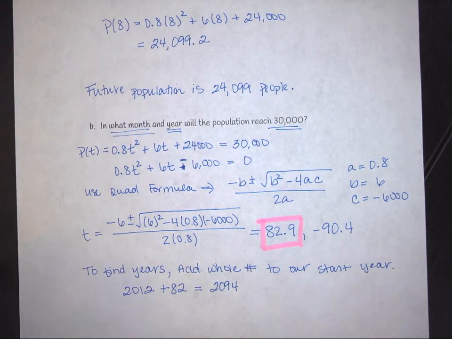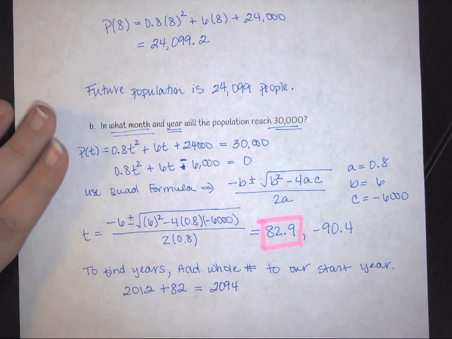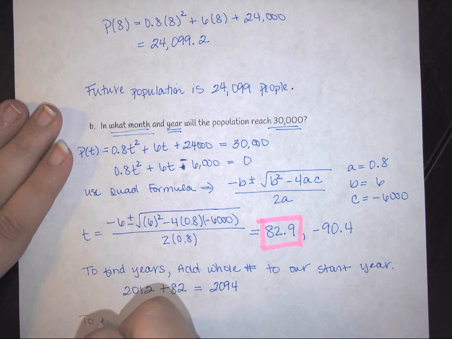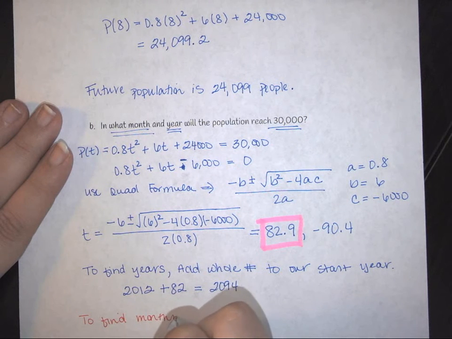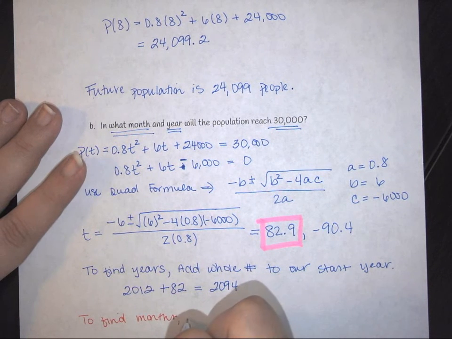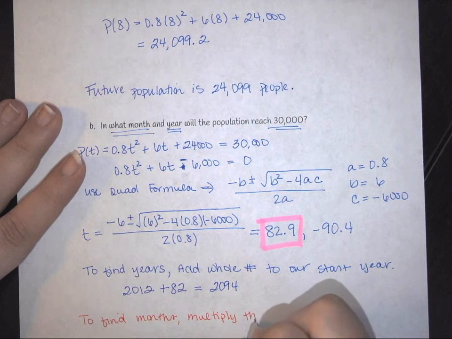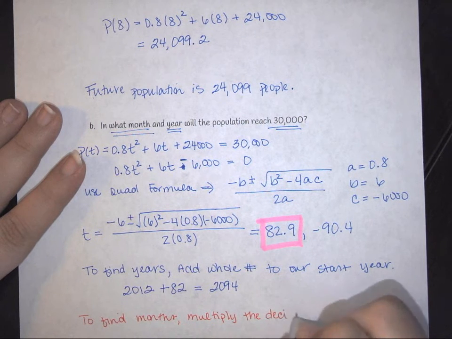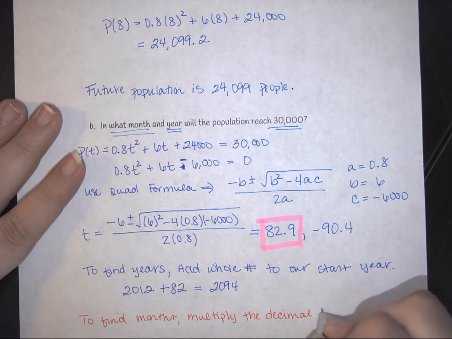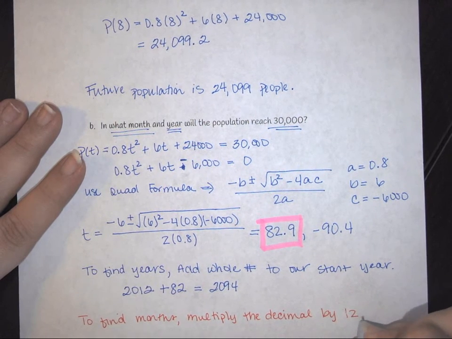Now we have to find months. So to find the months, we need to multiply the decimal by 12 months.